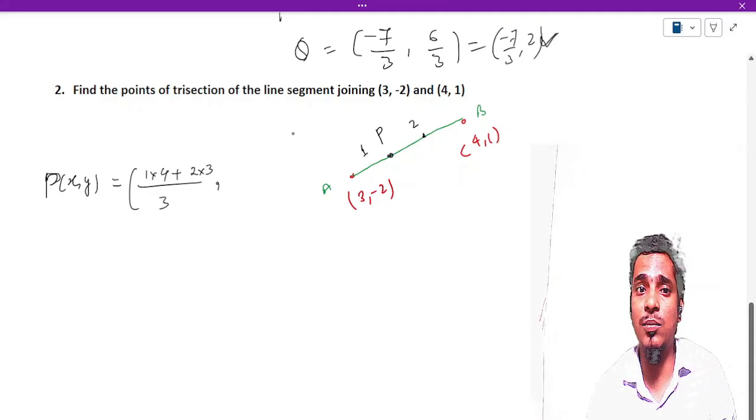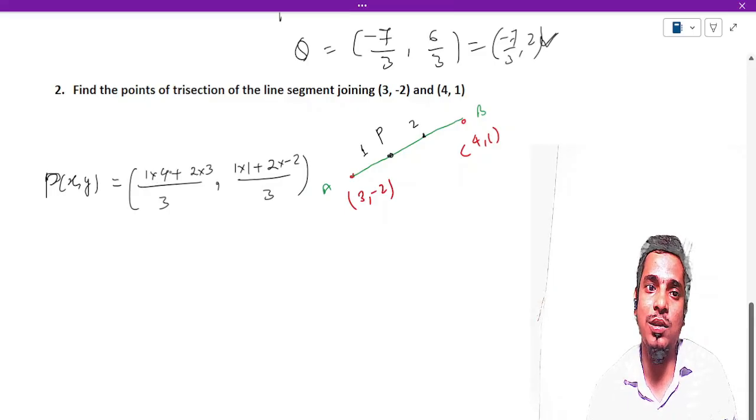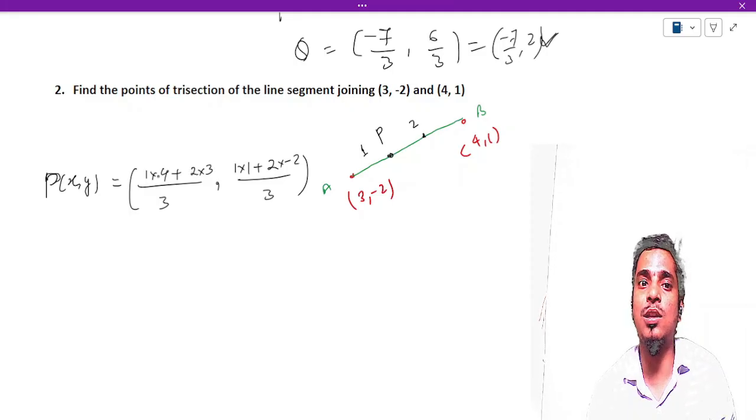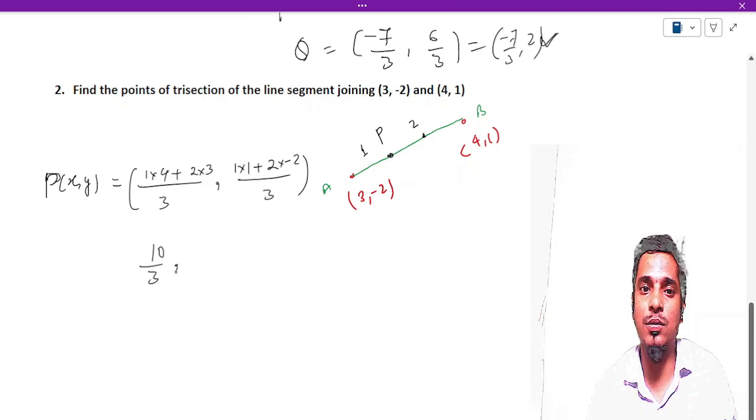Likewise, 1 times of 1 plus 2 times of minus 2 divided by sum of the ratio, which is 3. So once we simplify this, 4 1s are 4 plus 2 3s are 6. 6 plus 4 is 10 divided by 3. The same way we simplify this, 1 1s are 1 and 2 times minus 2 is minus 4. So this is 1 minus 4 by 3.